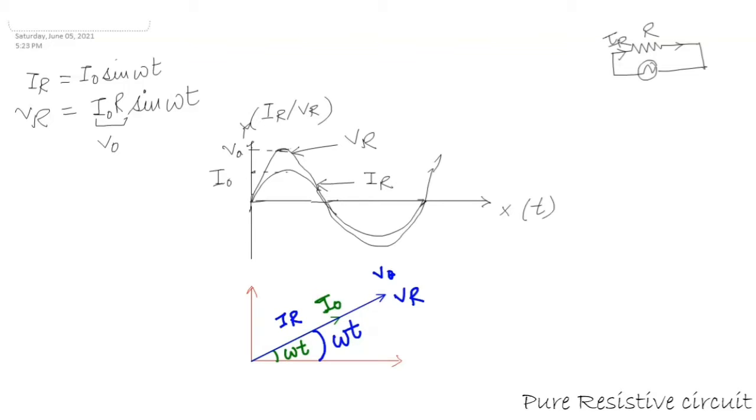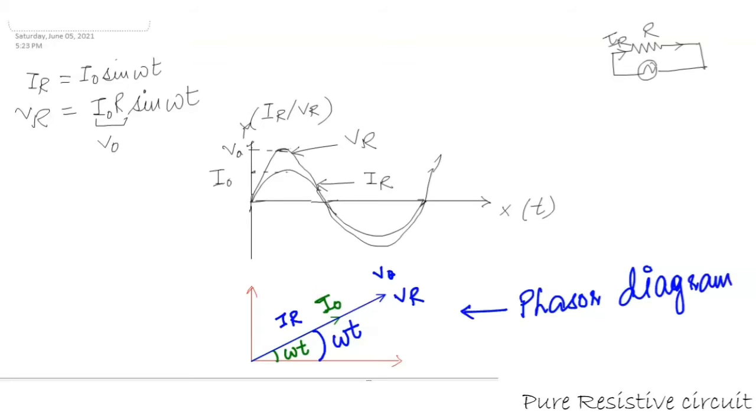We need to consider the waves as vectors and the angle as the phase, which is omega t with the x-axis. This is the phasor diagram of VR and IR for the resistive circuit, and this is the graph of VR and IR for the resistive circuit.